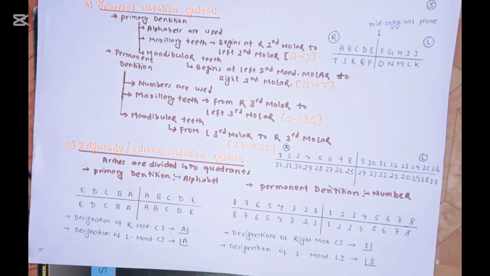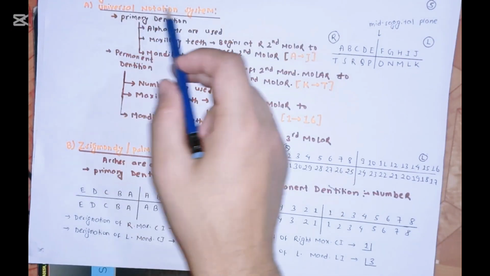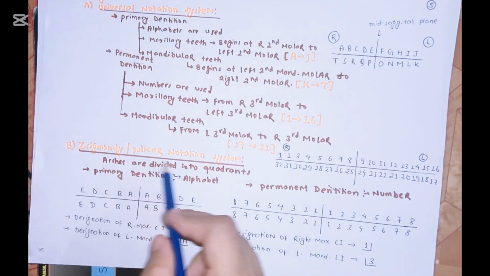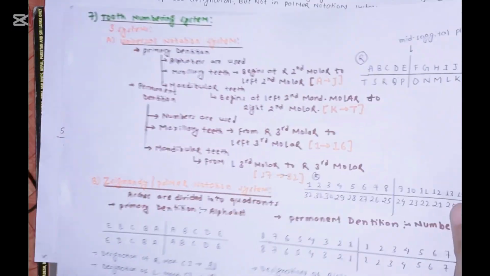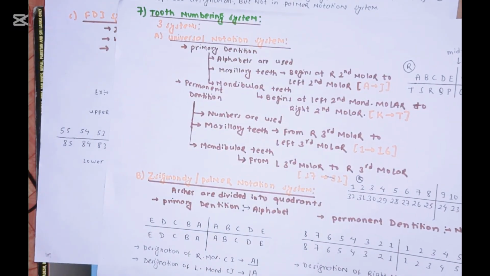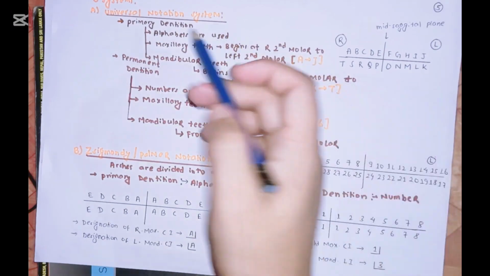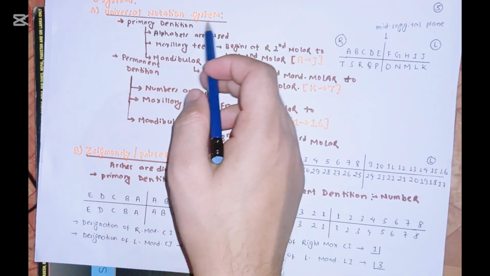So let's discuss the tooth numbering system now. We have three systems: the universal notation system, the Zsigmondy-Palmer notation system, and the FDI system. The FDI system is the most accepted nomenclature system of the tooth. First of all we will discuss the universal notation system.